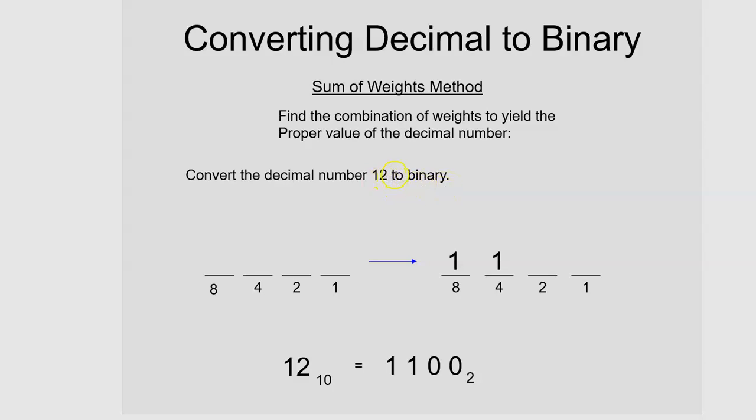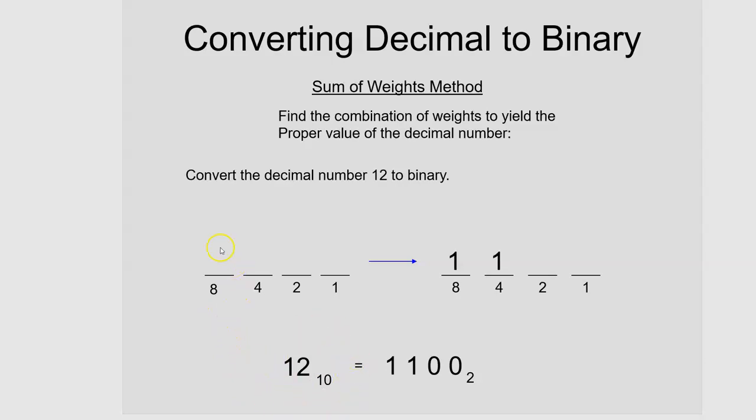How do I go from a decimal 12 to binary? I want to start with the most significant bit first. What you're doing is taking the biggest weight out of the number that you have here and seeing what's left.